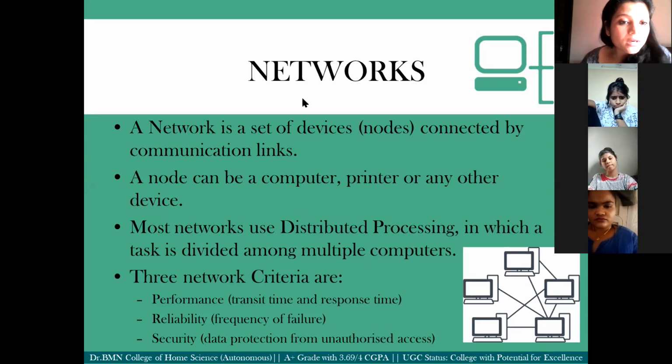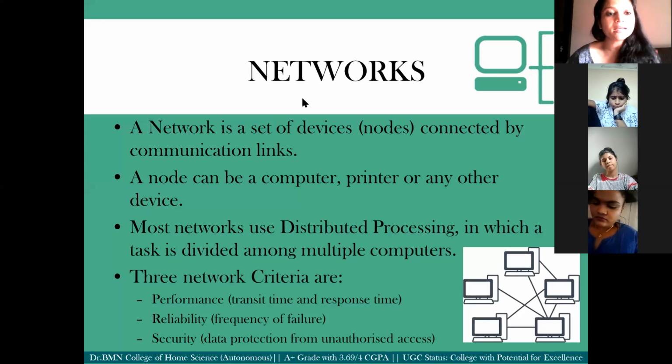Now there are three network criteria which are mentioned here. First is performance, second is reliability, and third is security. In performance, they have something called transit time and response time. Transit time means the travel time. Transit in itself is what? Travel.